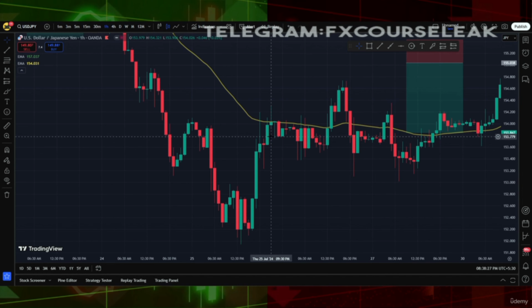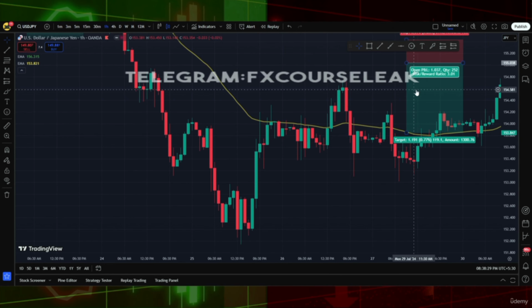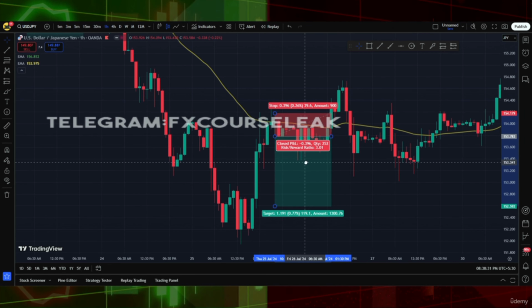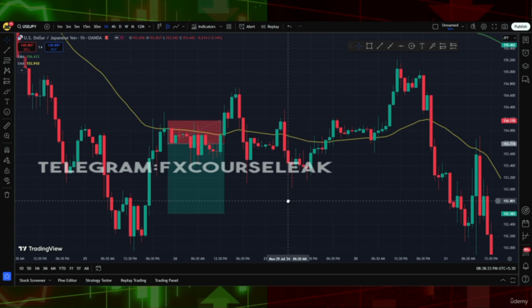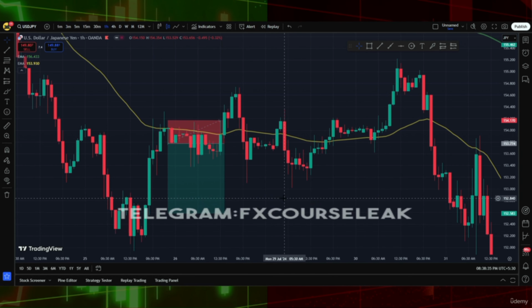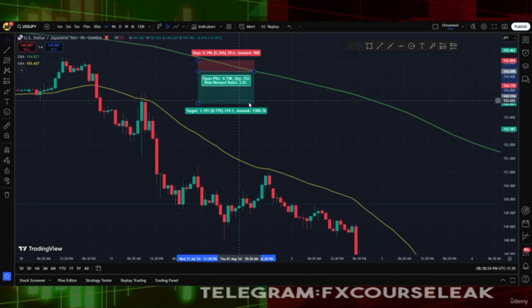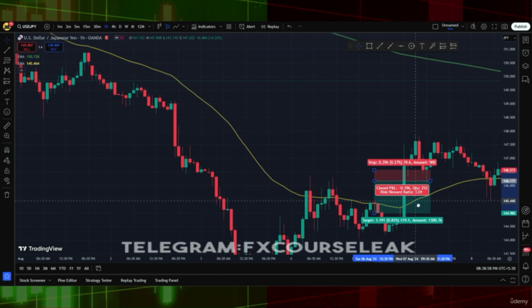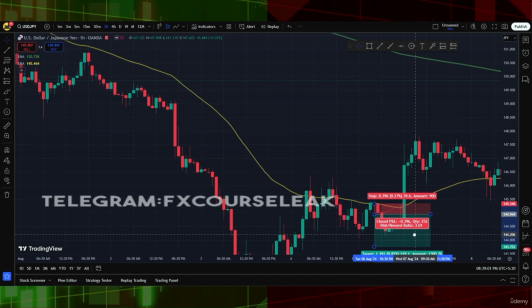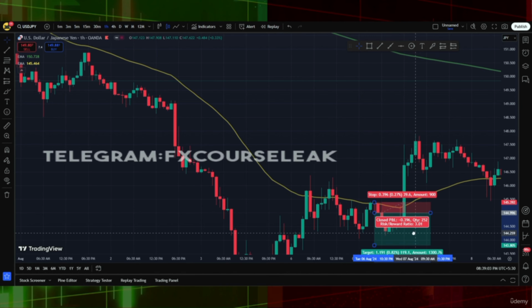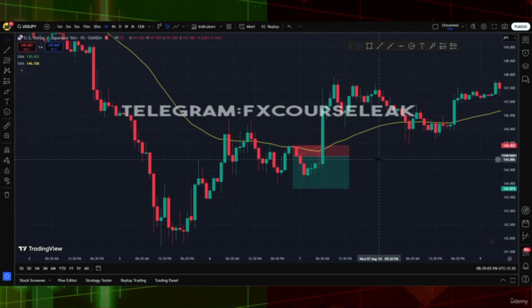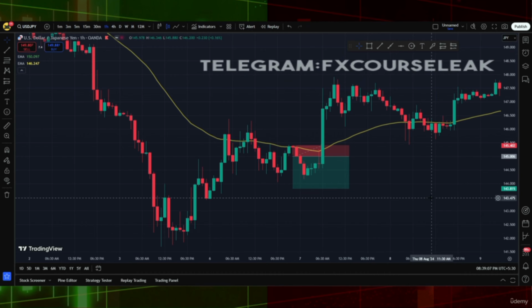Now we look for another opportunity, and we find one right here. And it was a losing position. We go and find more candlesticks. We find one right here. And it was a losing position.